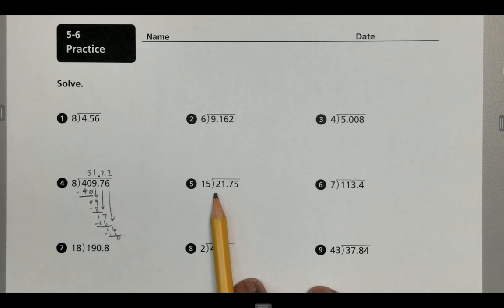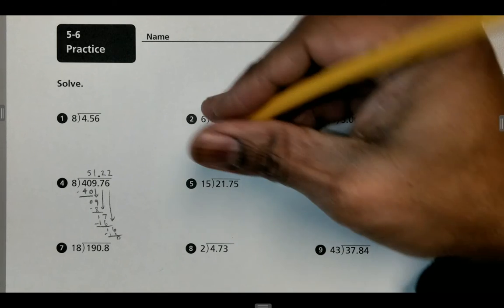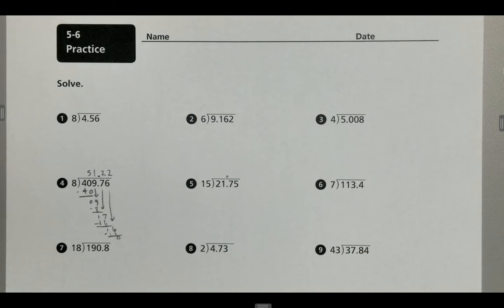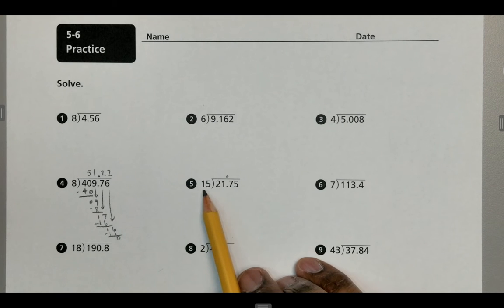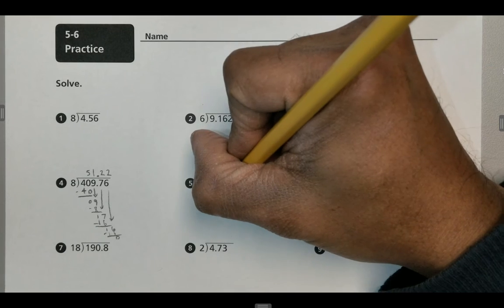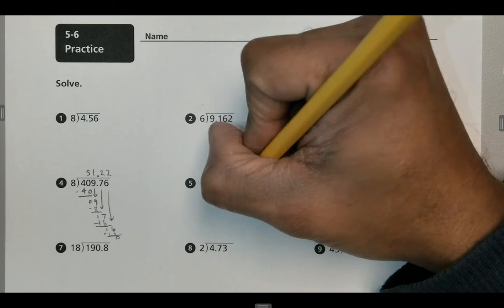Problem 5. Same situation. There is a decimal point here, but the divisor is a whole number. So all I have to do is insert a decimal point right above it and solve. 15 goes into 2. No, 15 goes into 21 once. 15 multiplied by 1 is 15.